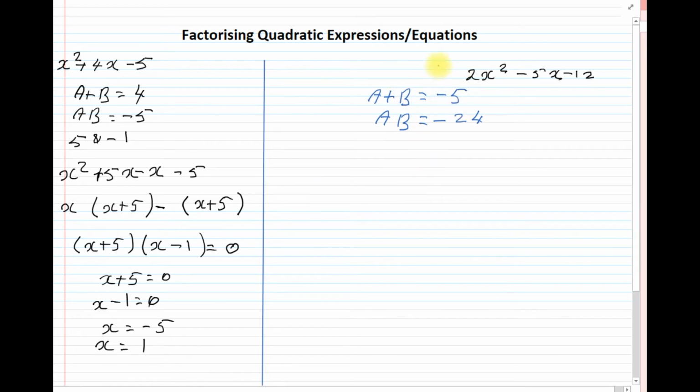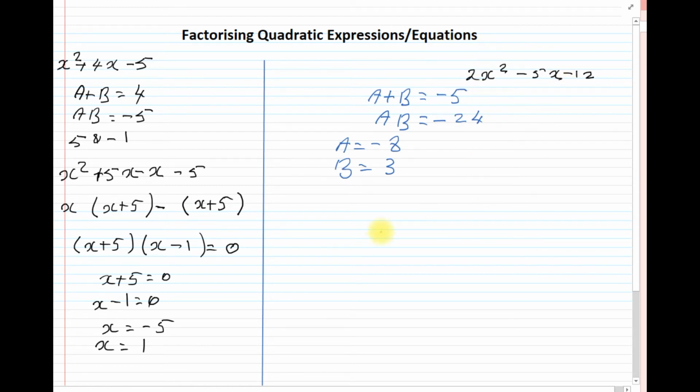Again, with a little bit of trial and error, we'll find that a equals -8 and b equals 3 satisfies this condition, because a plus b will be -8 plus 3, which is -5, and ab would be -8 times 3, which is -24.